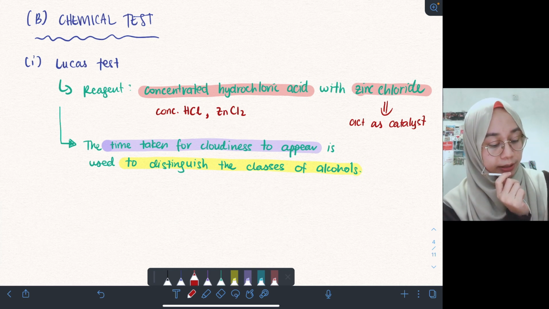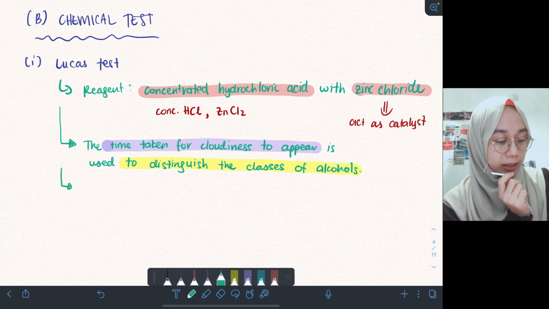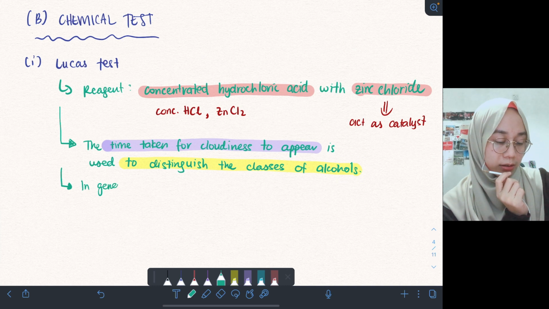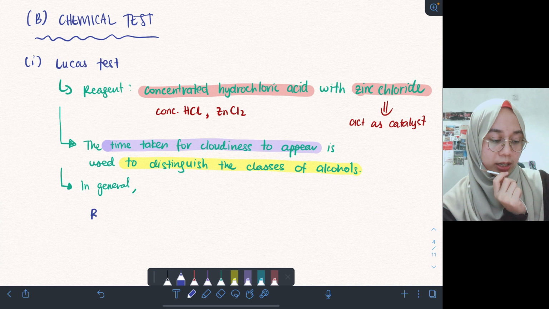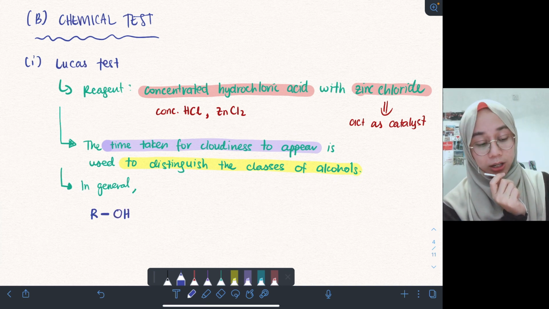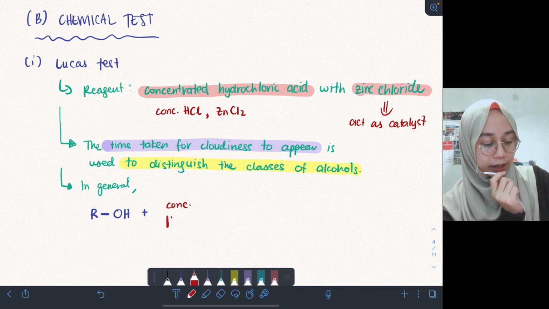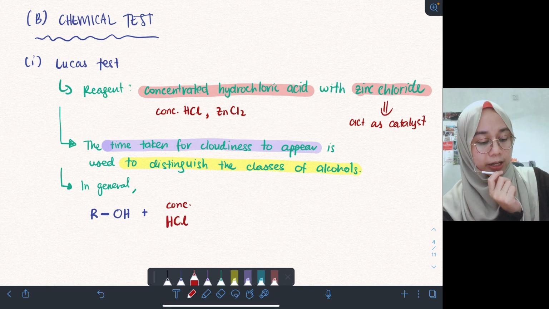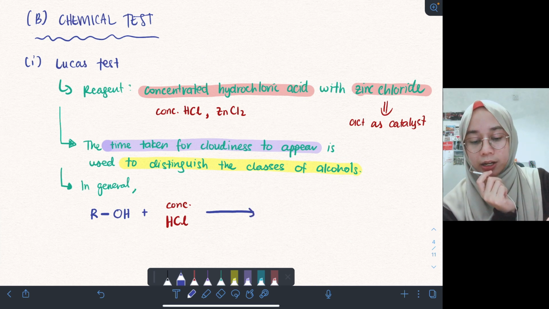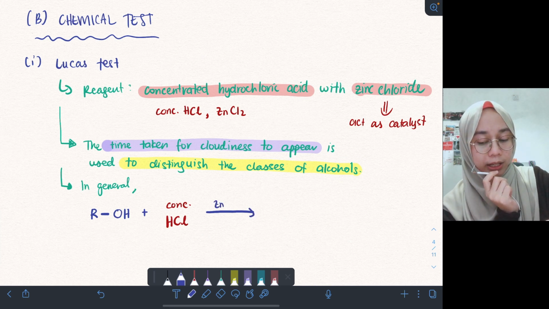So in general, equation dia, kita akan ada alkohol. Dan alkohol kita pula kita pergi tambah dengan concentrated HCl, and usually sebab zinc chloride tu dia main peranan sebagai catalyst ya kan, therefore kita just letak ZnCl2 lah.